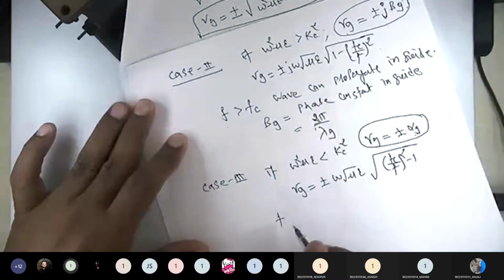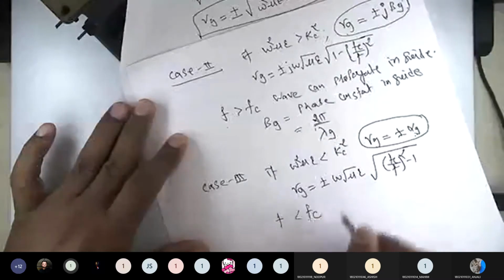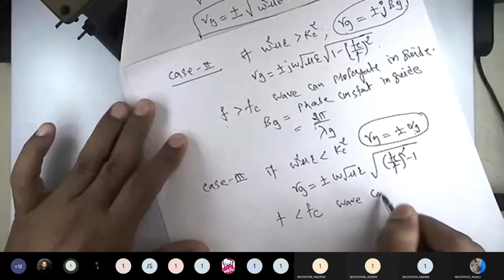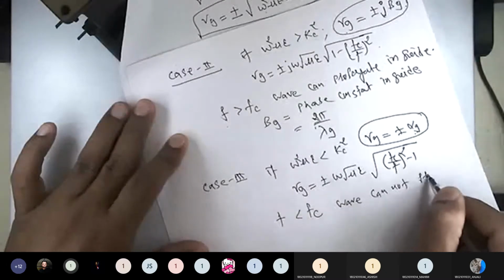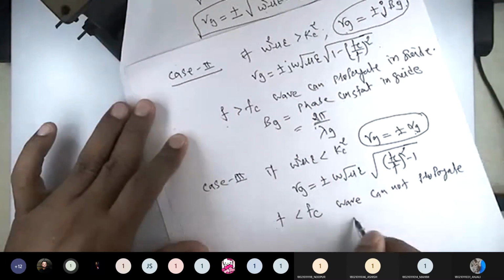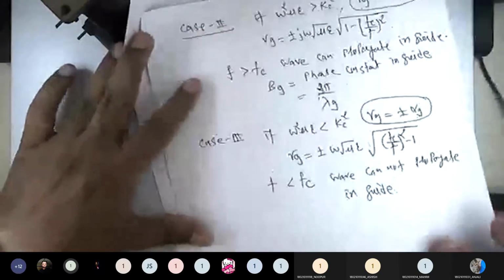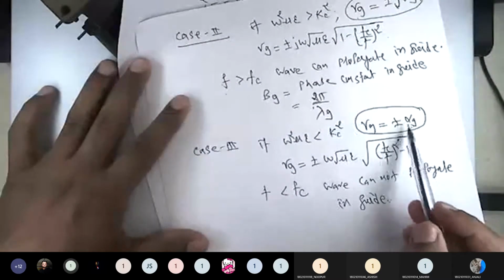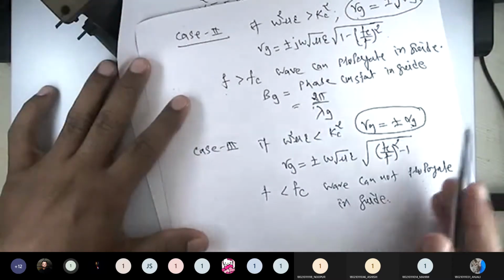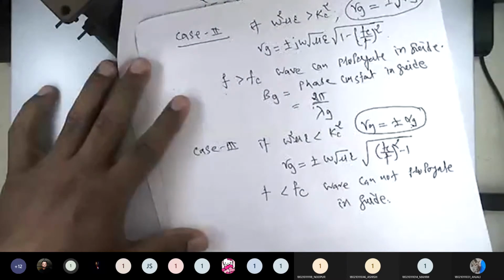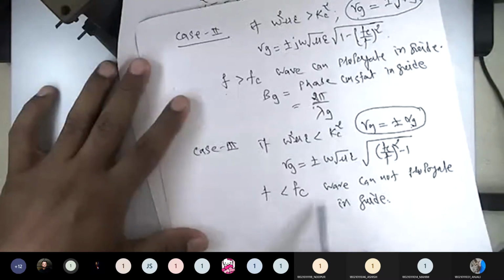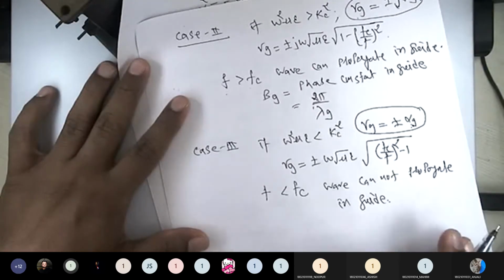So if the operating frequency f is less than fc, the wave cannot propagate in the guide. This minus alpha g is nothing but our attenuating factor, and because of this attenuating factor, the wave will decay with respect to z, and hence the wave will not propagate inside the guide.